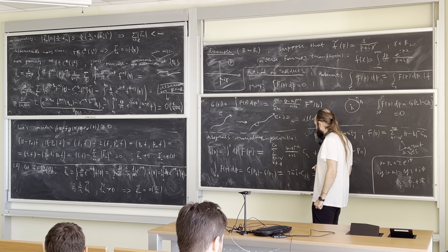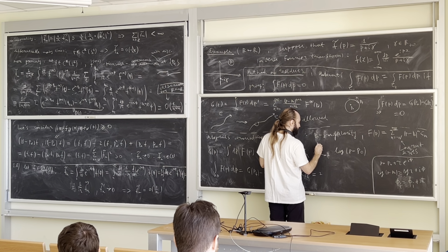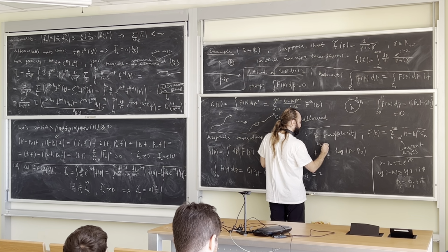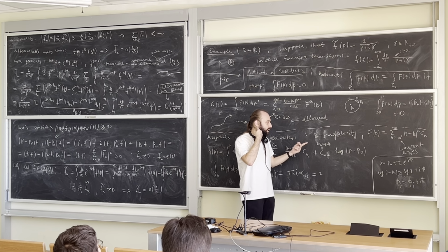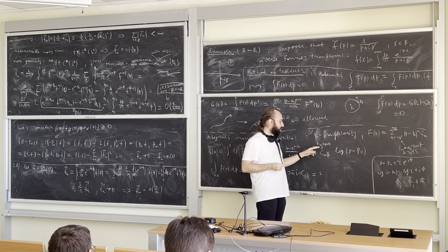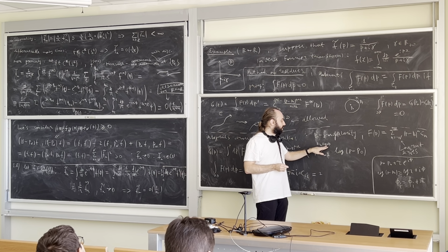And this equals, by definition, 2 pi i times the residue of f at point p0. So this is c minus 1. By definition, it is the residue at point p0 of f of p times dp, because residues are well defined for functions times differential.